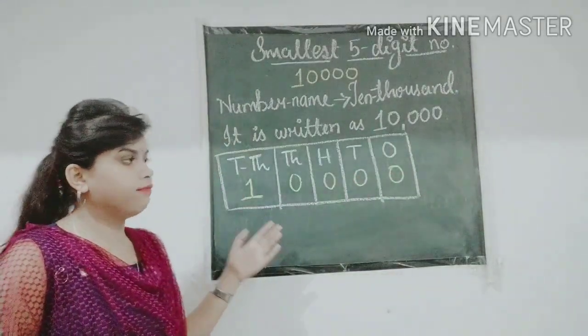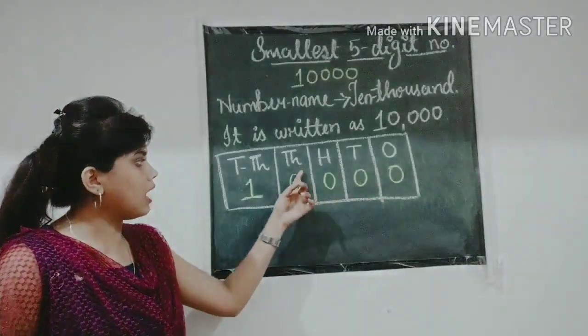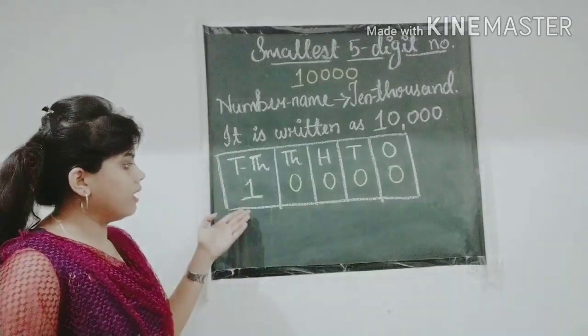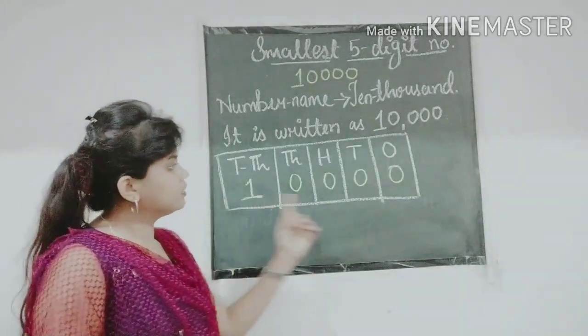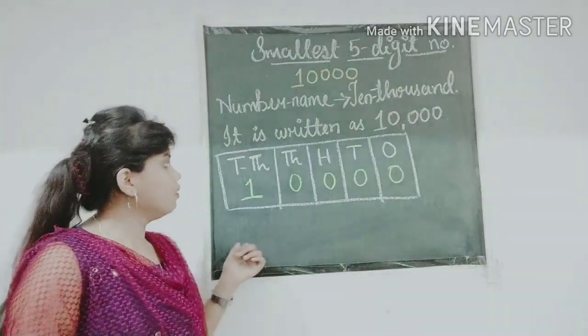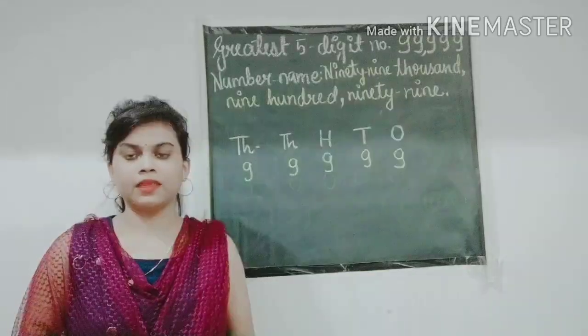The place value chart for 10,000 is ones, tens, hundreds, thousands, ten thousands. In the ten thousands column we have 1 and the rest of the columns are occupied by 4 zeros. So the smallest 5-digit number is 10,000.